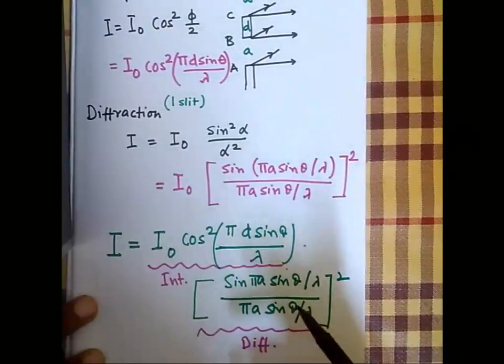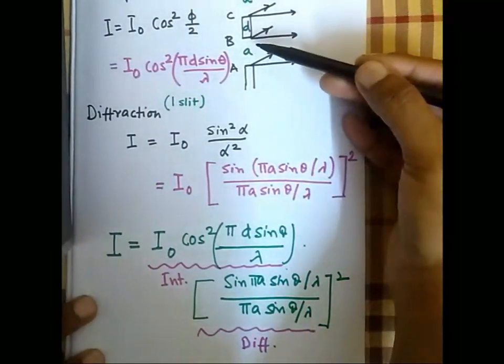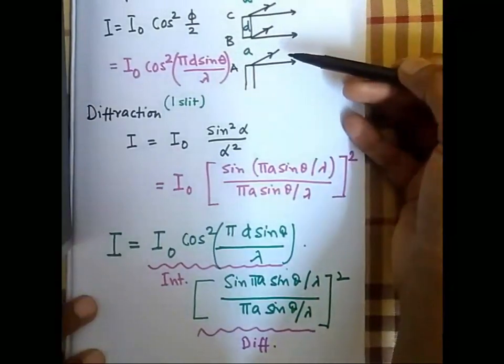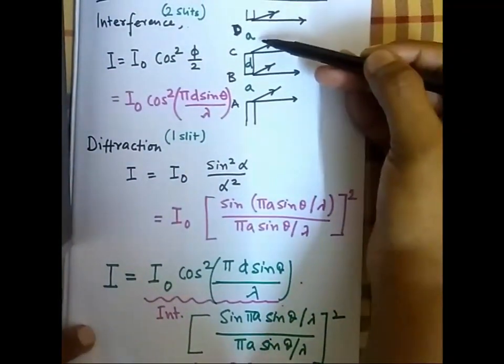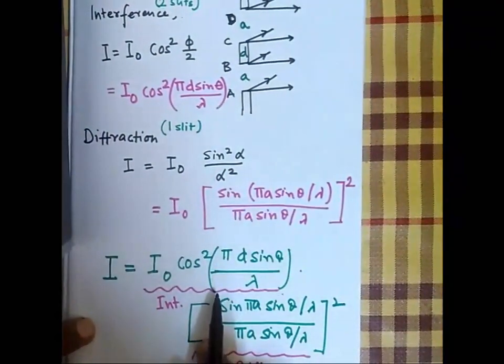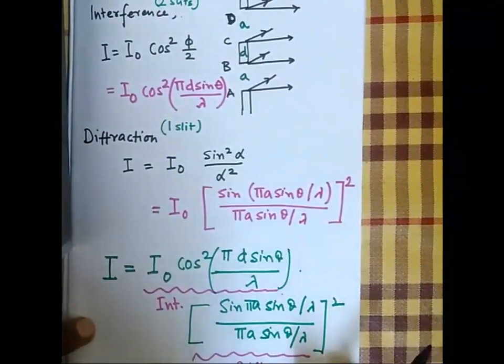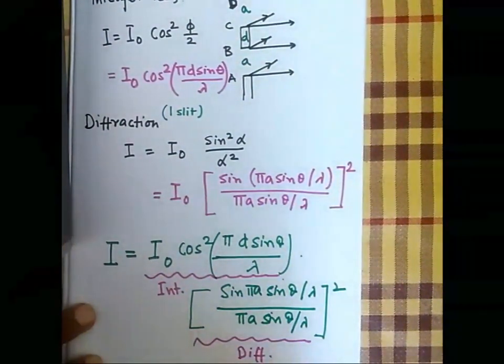The other way around, you can also think of it like this: suppose there was only a single slit diffracting light, and once you added another slit, interference came into the picture, and thus you added a contribution because of the interference phenomena that is happening here. So this is a very general way to deal with this problem.